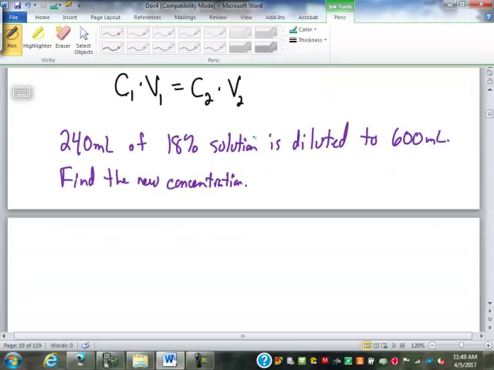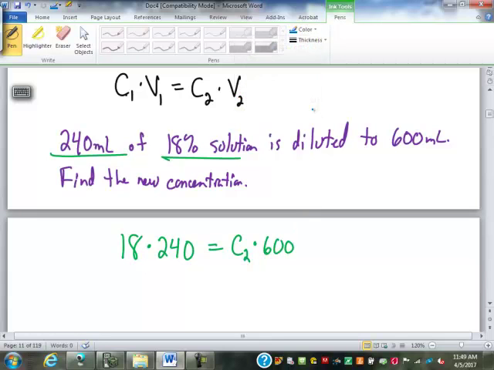So here the original volume and concentration is the 240 and the 18. So 18, again, I can either change it to a decimal of 0.18, or I can just leave it as a percent as 18. I'm going to choose to just leave it as 18 times my volume of 240. Now on the other side, I am looking for that new concentration, C2. I have my volume of 600.